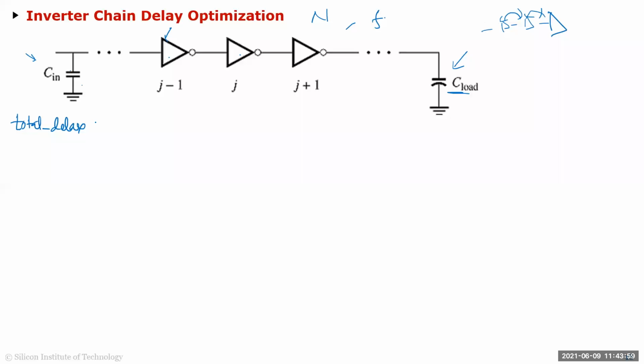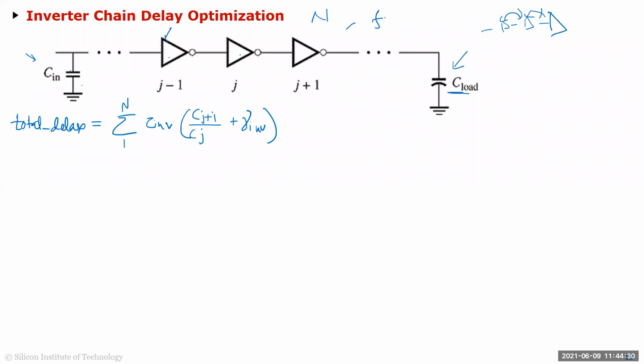Okay. So the total delay is basically the sum over all the inverters, from 1 to n. Let's say I have n inverters. And you remember this, we calculated it as the output load by the input load and the parasitic ratio of that inverter.